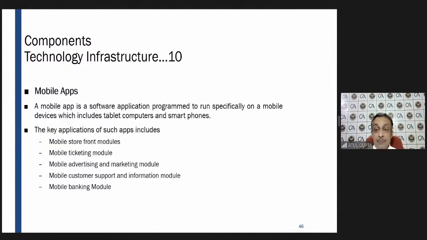Customer support, mobile banking module, again very important. And please understand, all the modules will have mandatory issues of privacy and security. Please keep that on top of your mind. Whatever mobile app, whatever modules in a mobile app are being developed, they need to have privacy as a concept built into it, and security of the data also. Very, very, very important.